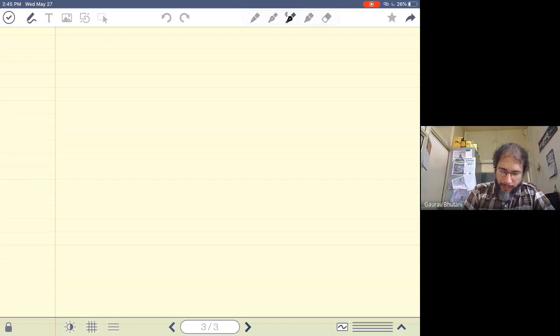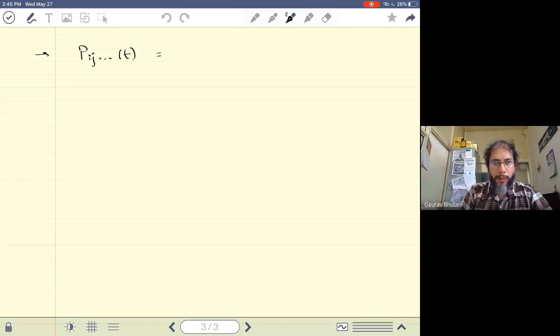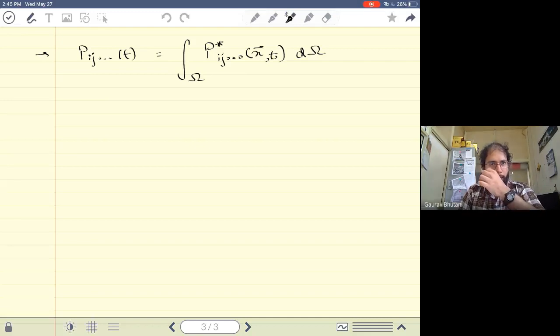If you remember, we had written P dot, the extensive property, as an integral over the complete volume of P star, the corresponding intensive property, a function of x and t, times d omega.